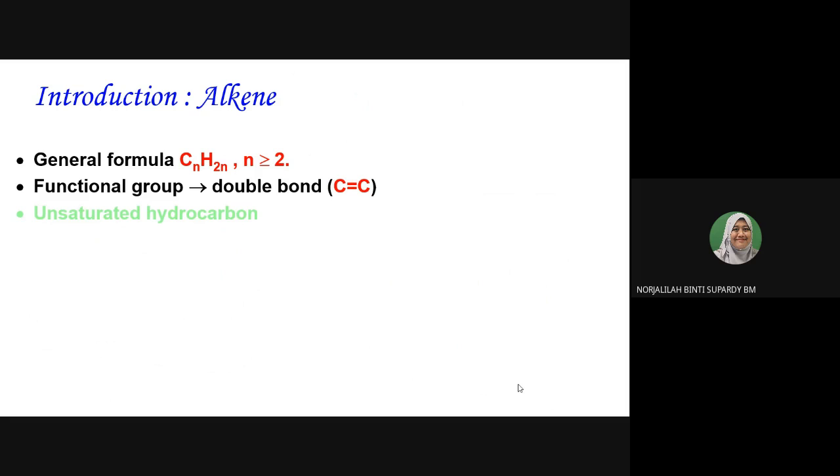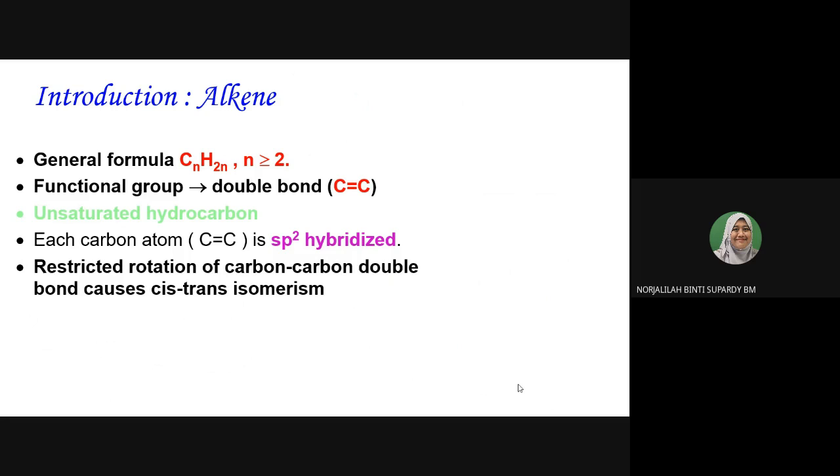The type of reaction for alkene is addition reaction because it consists of a carbon-carbon double bond. Unsaturated. Each carbon atom of the carbon-carbon double bond is sp2 hybridized, so it consists of one sigma and one pi bond, which you have learned previously in semester 1.